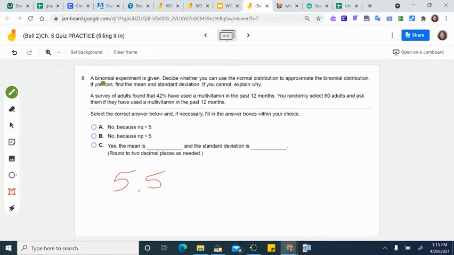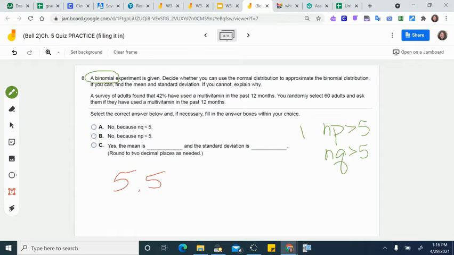Last but not least, binomial. Okay, it's nice. They're telling you it's binomial. So immediately you need to start looking at your formulas for binomial. You start thinking, okay, NP has to be bigger than 5. NQ has to be bigger than 5.